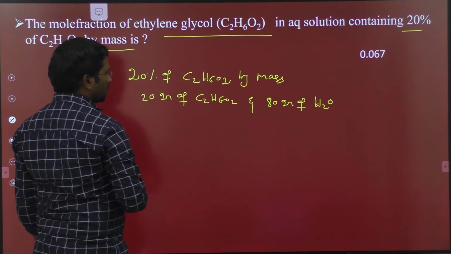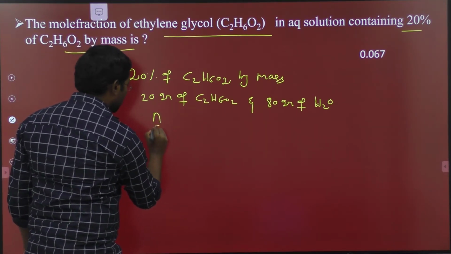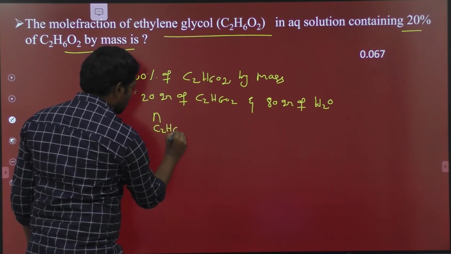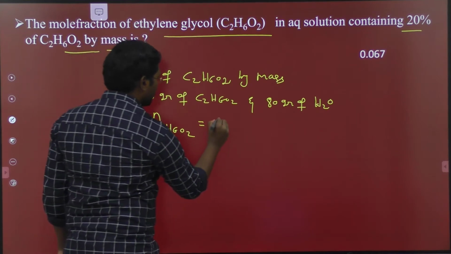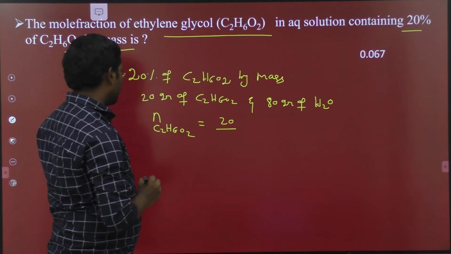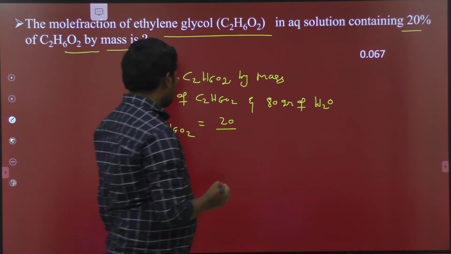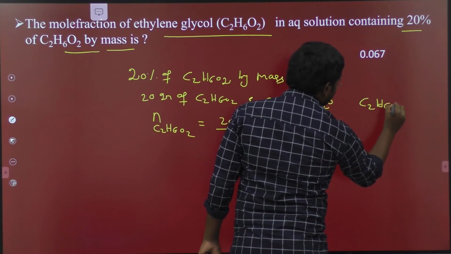So first we have to calculate the number of moles. Number of moles of ethylene glycol, C2H6O2, is weight by gram molecular weight. So 20 by, what is the gram molecular weight of ethylene glycol, C2H6O2?